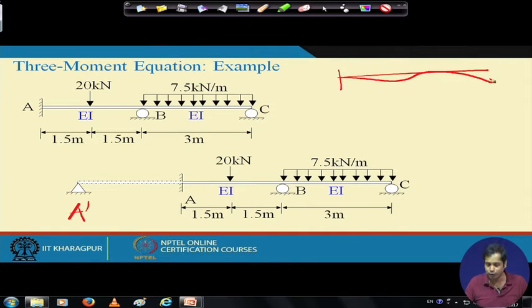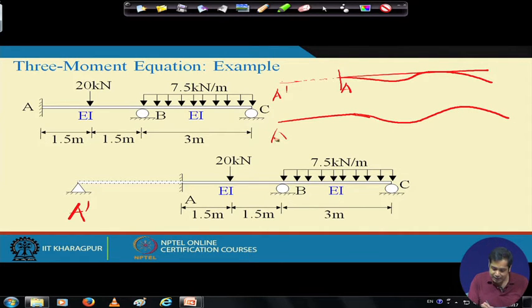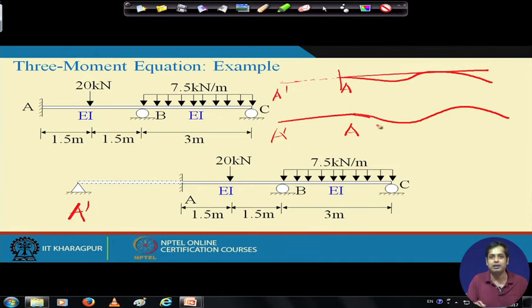Now, if it is extended to some length, say A dash, then up to A dash to A there is no deformation, and then the deformed shape becomes like this. So A dash A is an imaginary beam length, which has infinite flexural rigidity. Therefore, since it has infinite rigidity, there is no deformation in this fictitious length A dash.